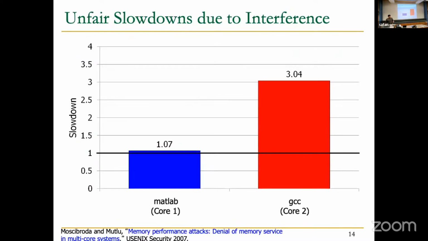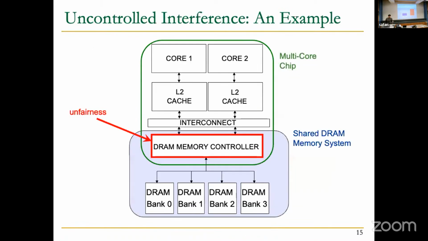And we've seen that problem manifest in this scenario where we have MATLAB bullying GCC out of the memory system, essentially. So GCC here in this example, when you run these two workloads in the same system, one of them gets slowed down much more than the other.